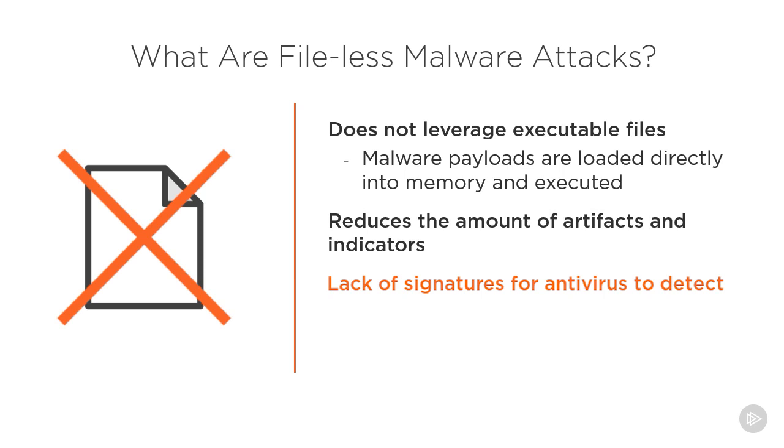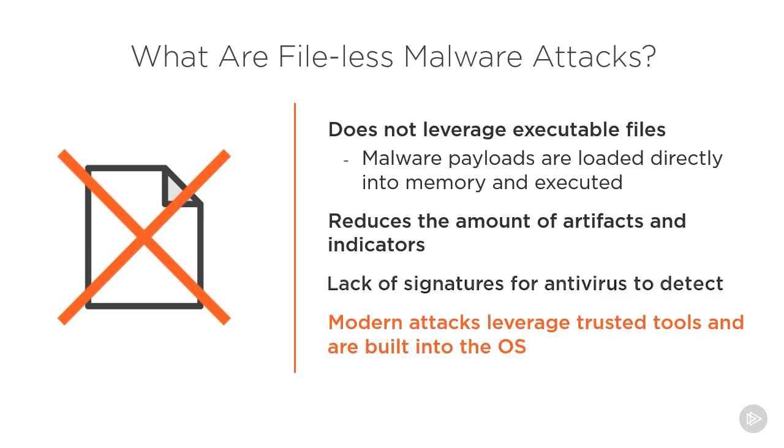This also means that there will be a lack of signatures for antivirus software to detect, especially for AV that focuses on disk-based artifacts. A lot of these attacks will also leverage trusted built-in tools that are part of the operating system and are considered legitimate. So now, let's get a bit more detail on how these attacks occur.